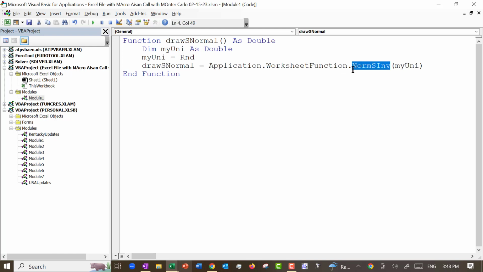If you have the inverse cumulative distribution for any probable distribution, that inverse cumulative evaluated at a uniform random gives you a draw from that distribution.